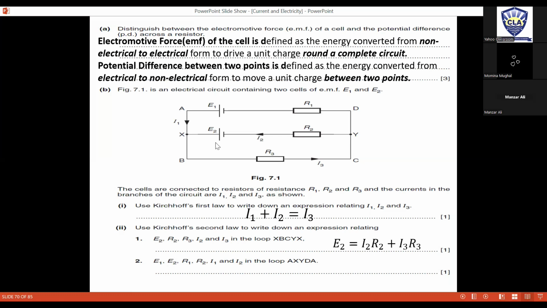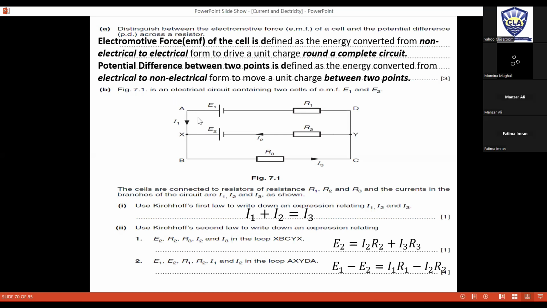Then the current will be driven by E1. What does that mean? It means that the current of E1 will be taken as positive, whereas the current of E2 will be taken as negative because now the current will be driven by the larger battery. So in this case, it will be E1 minus E2.